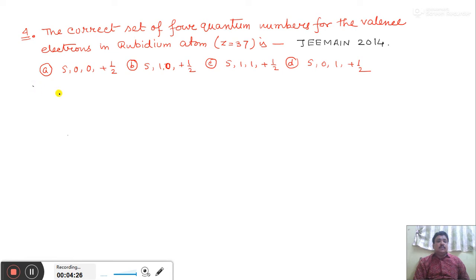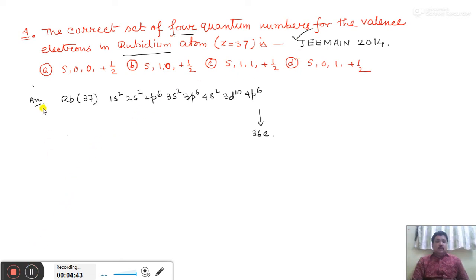The fourth question, based on quantum numbers: the correct set of four quantum numbers for the valence electron of rubidium atom is, there are four options of quantum numbers. This question came in the JEE Main exam 2014. Now the electronic configuration of rubidium is 1s2, 2s2, 2p6, 3s2, 3p6, 4s2, 3d10, 4p6.